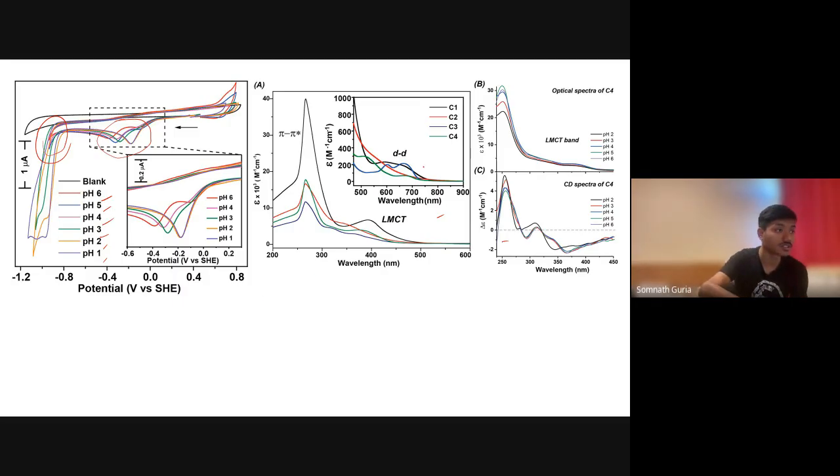This is the C4, the blue colored one. You have the LMCT over here, and around the 800 nanometer region there is some d-d transition, and around the 700 nanometer region there is also some d-d transition.